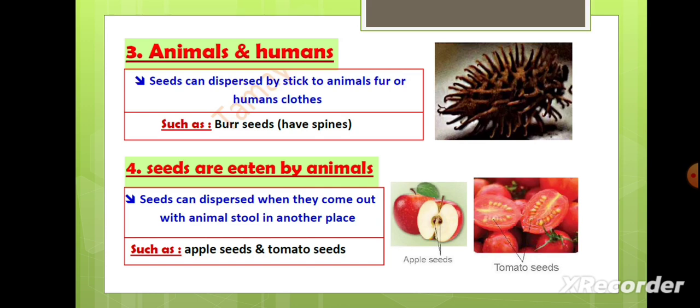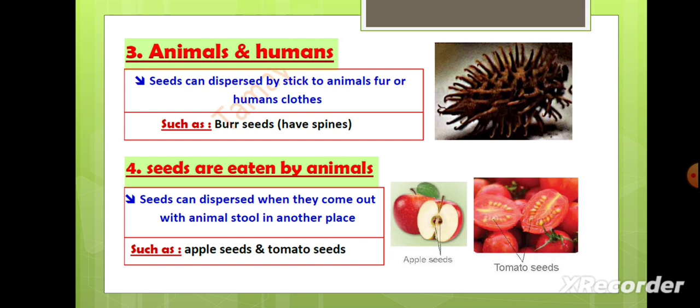When the animal eats it and goes to another place, its stool will contain the seeds of this plant. So this is how animals help in seed dispersal. The seeds are dispersed when they come out with the animal's stool in another place, like apple seeds and tomato seeds.